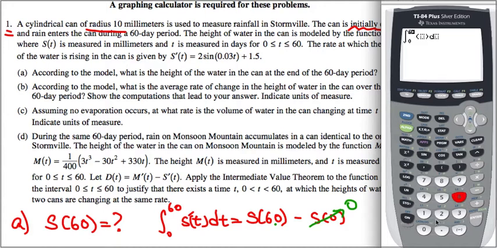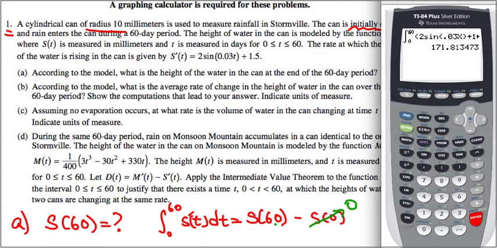Our upper bound was 60. Our expression is 2 sine of 0.03x, close the parentheses, and then plus 1.5. And then it's a dx.